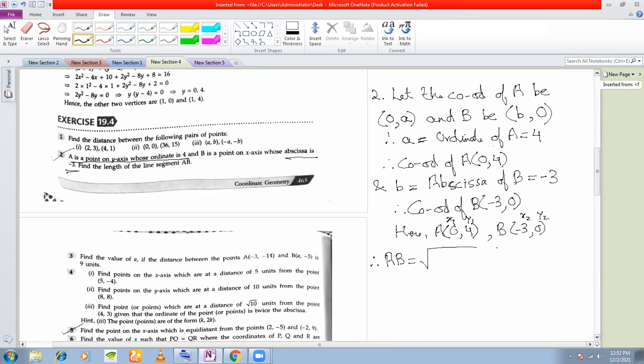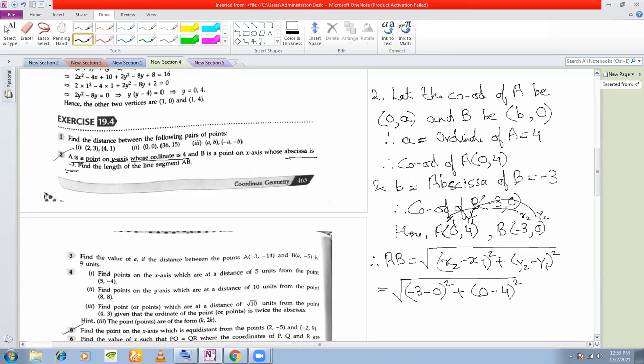Square root of (x2 minus x1) whole square plus (y2 minus y1) whole square, is equal to square root of, if you see, x2 minus x1 is -3 minus 0, right? Square, plus y2 minus y1, 0 minus 4, right?